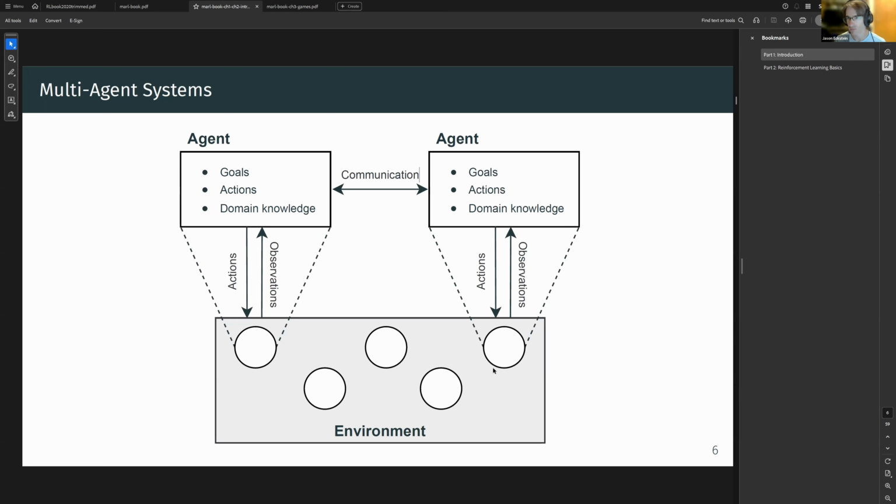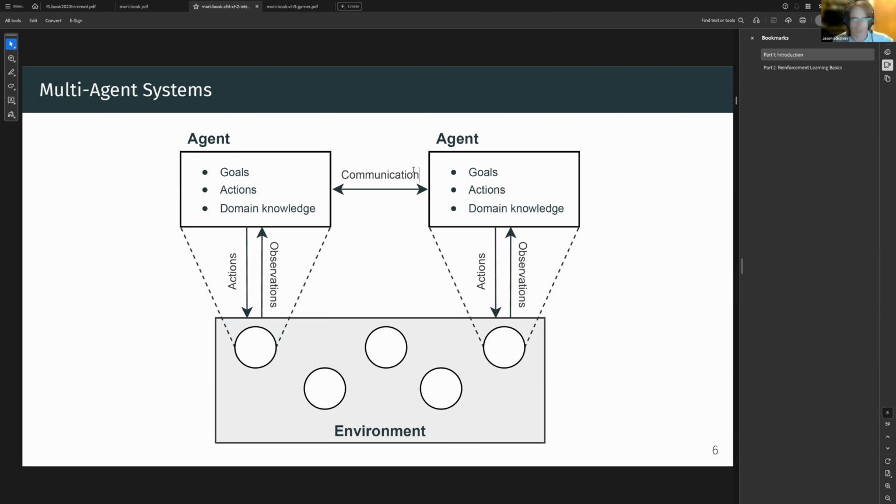It's an action that could send information to other agents. Obviously agents can communicate with each other through their actions as well, signaling to other agents what's happening. But the problem is your actions in general will affect the environment. So if you want to signal to other agents without necessarily affecting the environment, that's where this discussion of communication would come in.